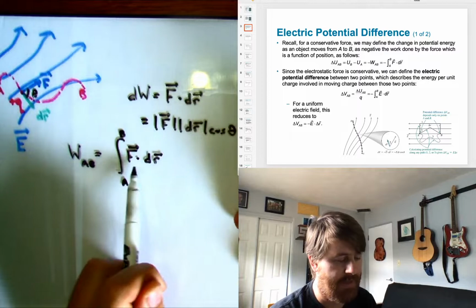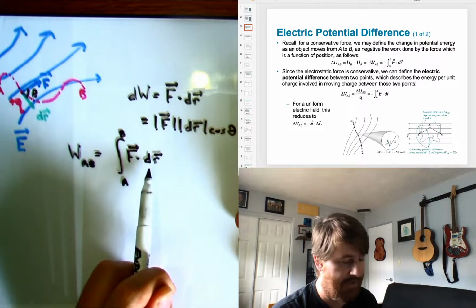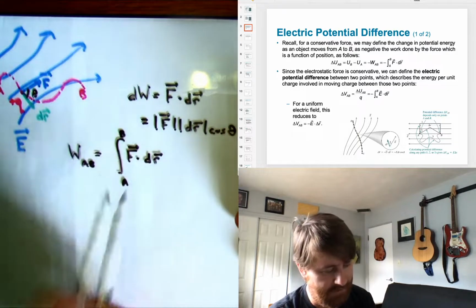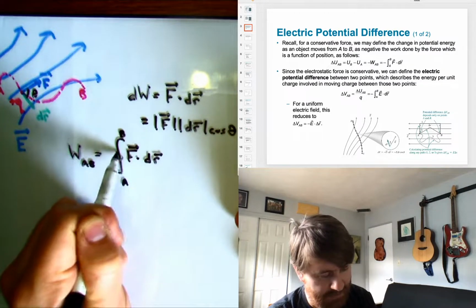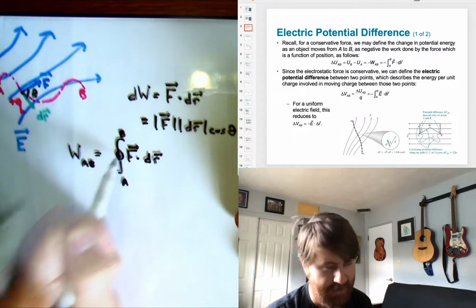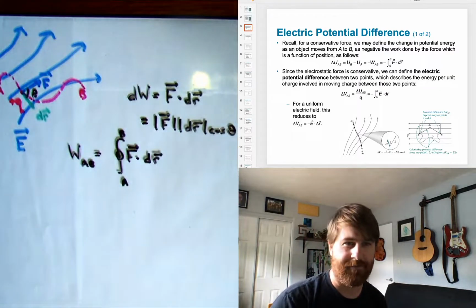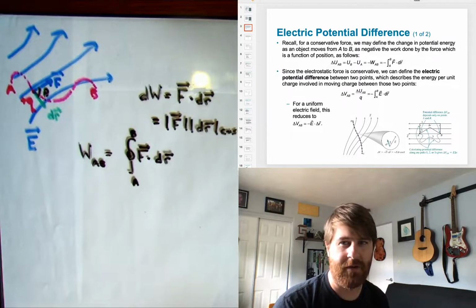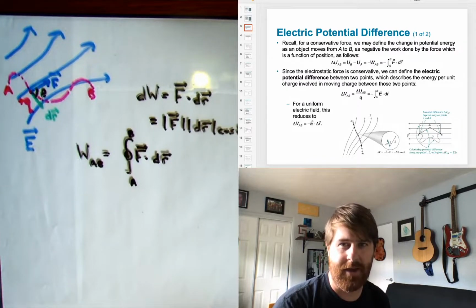So the angle between F and dr is changing. The magnitude of F is changing as I move along. And this is what we call a line integral, which we often write with a little circle in there. So that's the work done by the electric field as the charge Q moves from A to B.